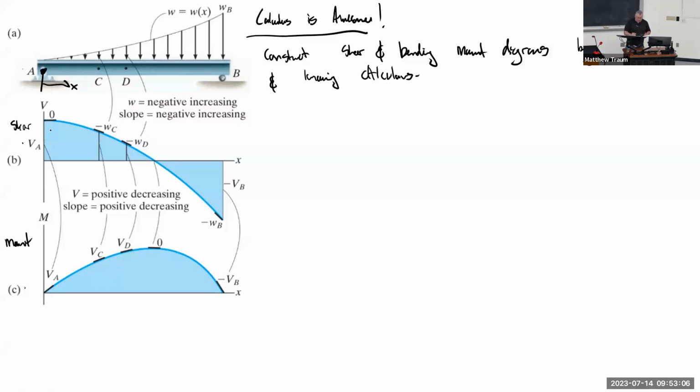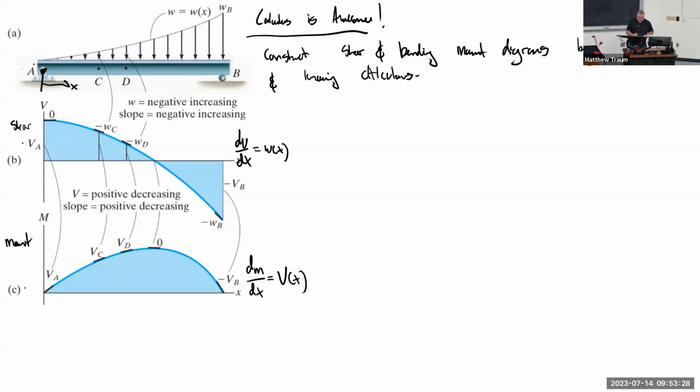And there are a couple of key points that we're basically looking at in the figure that show us how this mapping works. So if we remember that first equation, dV/dx is equal to w of x. And if we remember the second equation, dM/dx is equal to V of x.